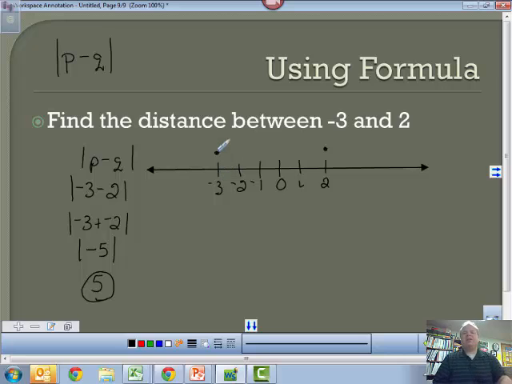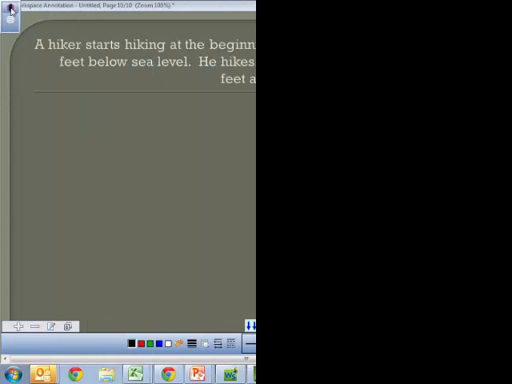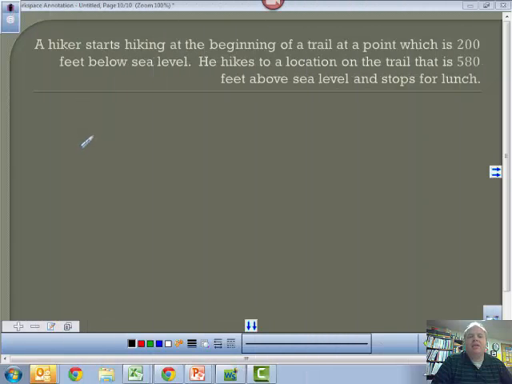Now, a couple things to remember when we do this. Oh, I have a couple more problems for you. So let's put this into perspective. A hiker starts hiking at the beginning of a trail at a point which is 200 feet below sea level. So that's going to be a -200.